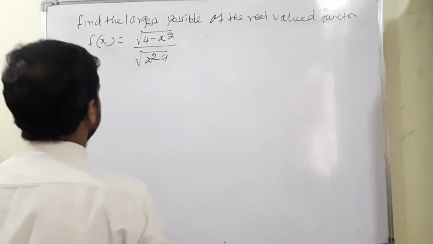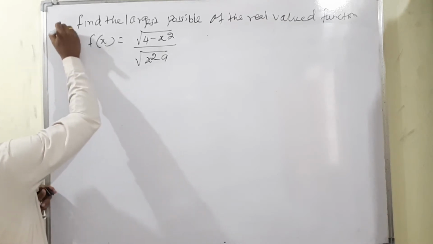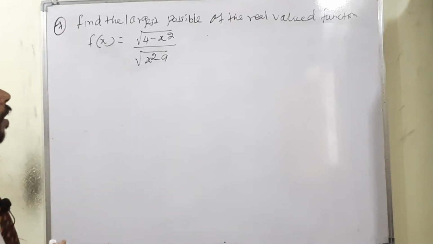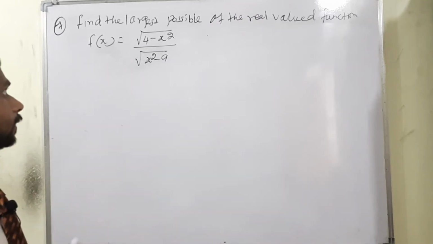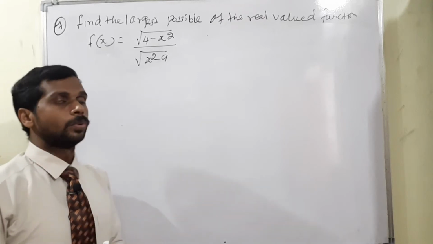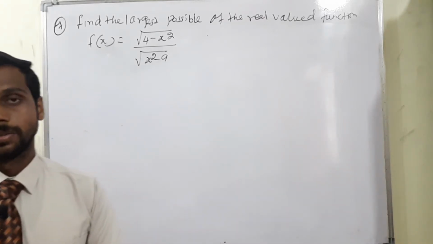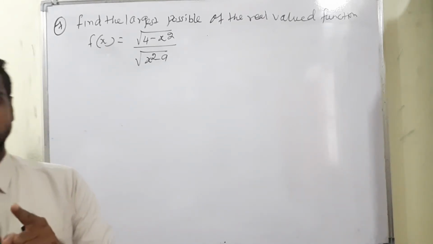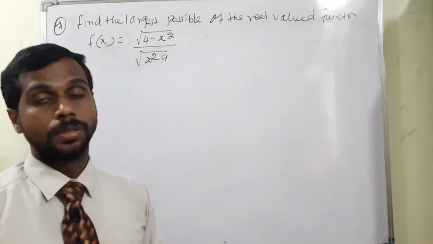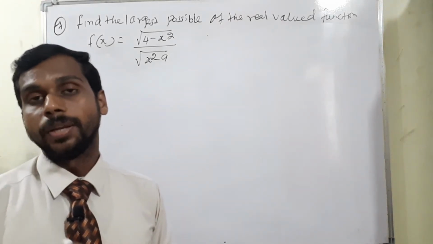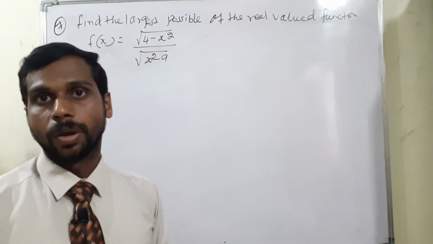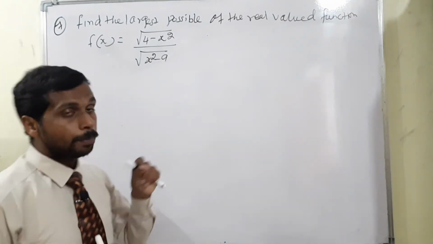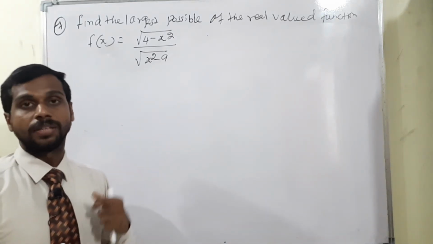Question number 7. Find the largest possible domain of the real valued function f of x is equal to square root of 4 minus x square over square root of x square minus 9. I already taught the same kind of question. For any value inside a square root, it should be positive, then only we can say it is a function.